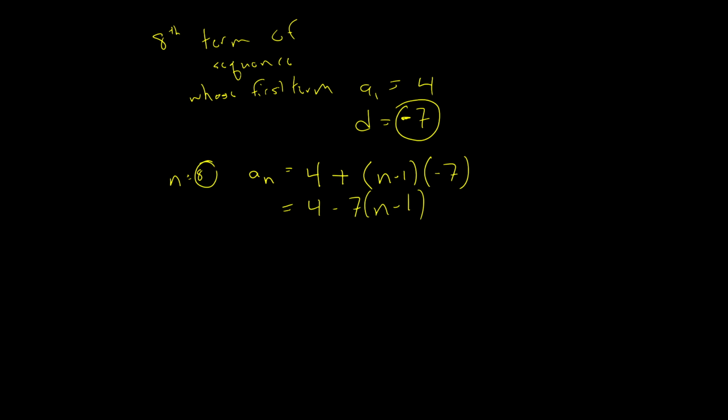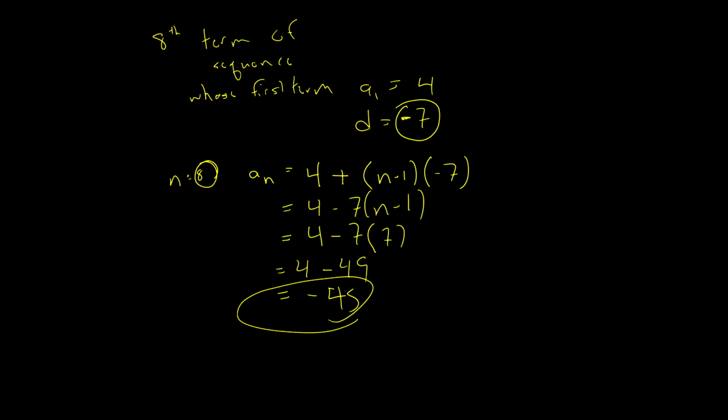And I want to find the 8th term, so that's 4 minus 7 times 7, or 4 minus 49, or negative 45. And that would be the 8th term in the sequence. I don't have to create each piece in it. The common difference allows me to skip steps.